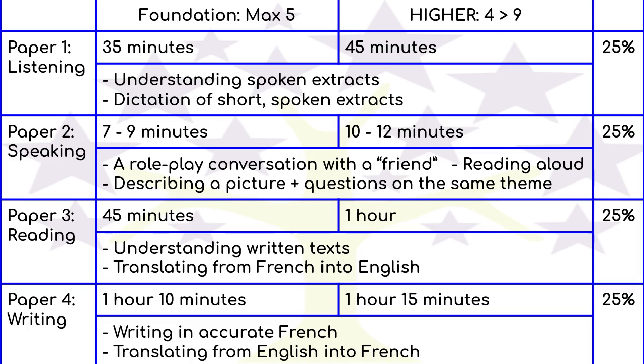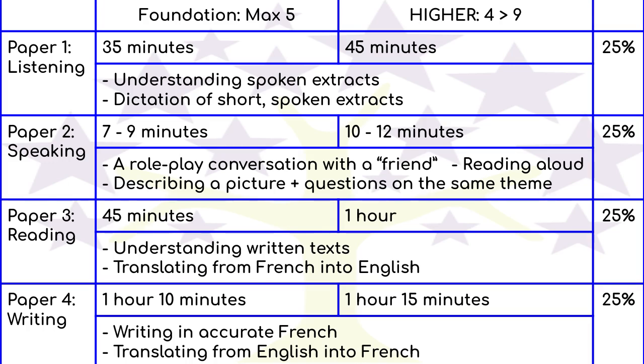And there is also a task where you have to describe a picture, and then you will have some follow-up questions on the same theme. So, for example, if it is a picture of somebody doing sport with their friends, you would describe that, and then the questions would be about sport, hobbies, free time activities. Paper 3 is the reading paper.